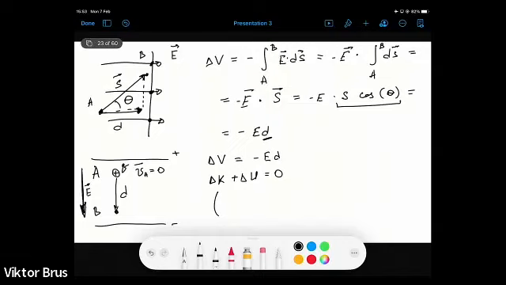So that's why we can write m, mass of the charge, let's call it mq, times some speed v squared divided by 2. That is the resultant kinetic energy of this charge at point B.